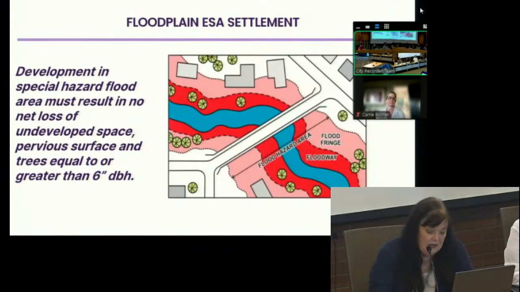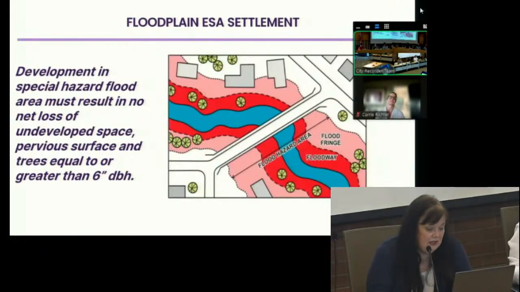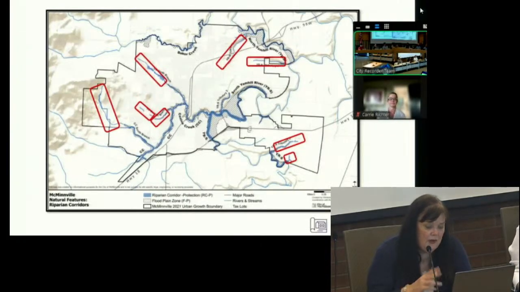So back to that map, this shows what a floodplain zone looks like. Our floodplain zone is the flood hazard area. So you see how far it goes out from the actual waterway in terms of what we control and don't allow development in. If we go back to this map and you look at it, most of the riparian corridors that aren't those tributaries in question are in a floodplain zone that's larger than the actual riparian corridor that's been described.